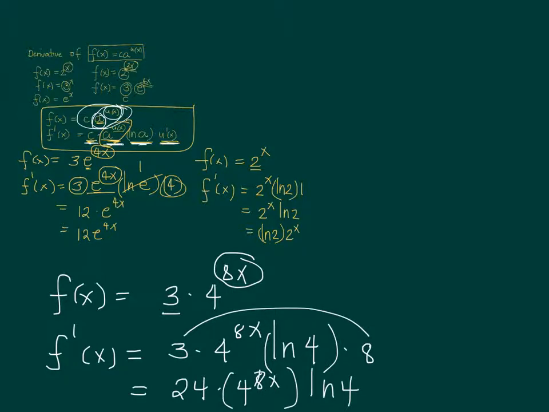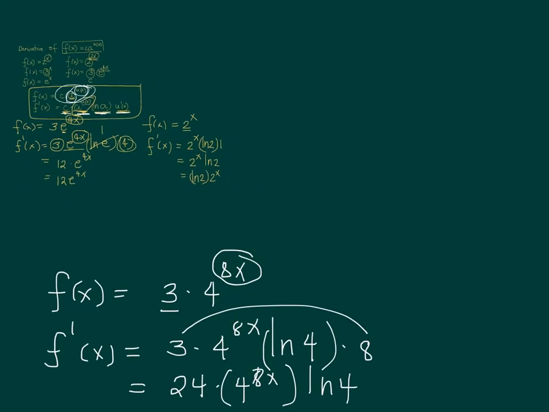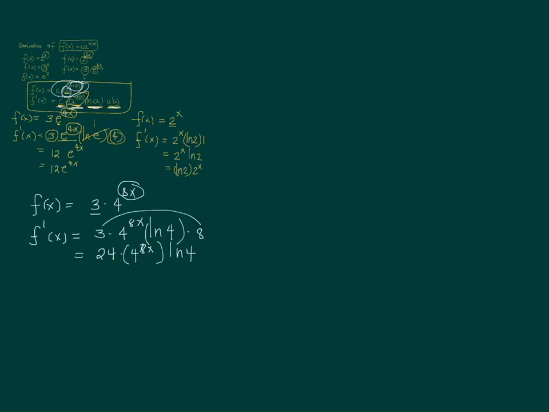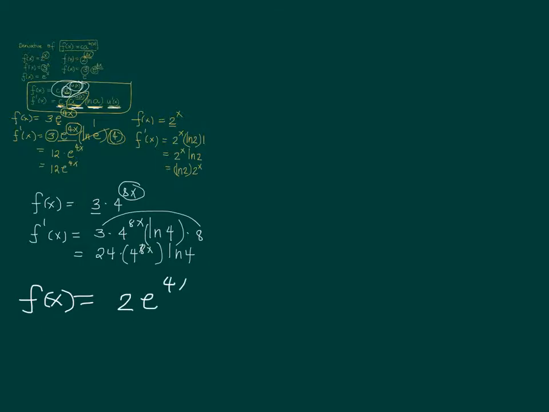One more. Sometimes it can be a sum and difference of expressions. Say f of x is equal to 2e to the 4x plus e to the x plus e.